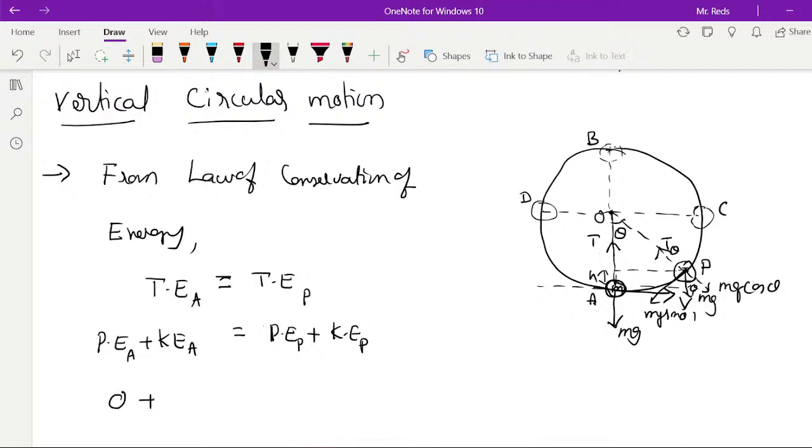When you give some initial velocity v1 to this object, the kinetic energy is half m v1 squared, which equals the gravitational potential energy mgh plus the kinetic energy here. If we take the velocity at this point as vP, it is a function of theta, so half m into v theta squared.